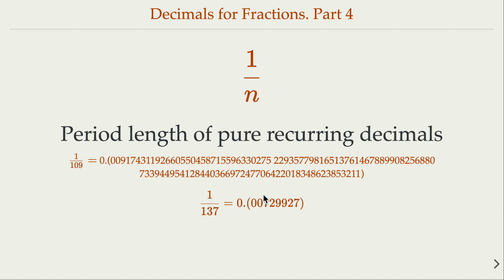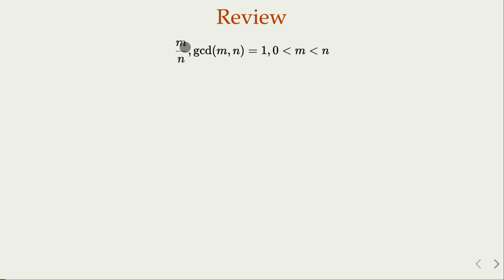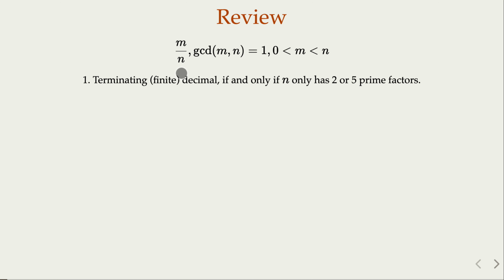Now recall that for a general fraction m over n, we assume m and n are co-prime and m is smaller. So this fraction is always less than 1. There are 3 cases, depending on the denominator n. If n has pure 2 or 5 prime factors with their powers, then it would be a terminating decimal. That is, the decimal digits are finite.